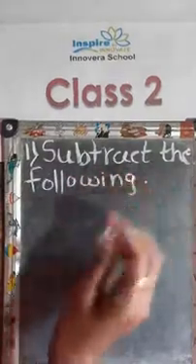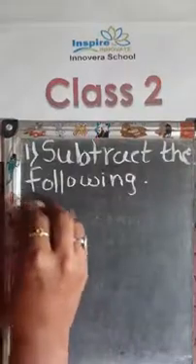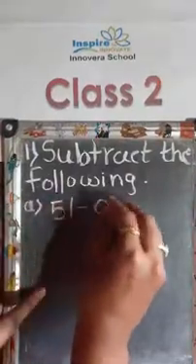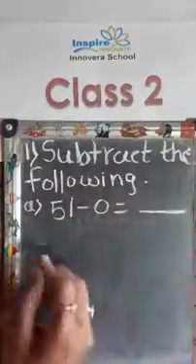Chalo, A is 51 minus 0 is equal to dash.